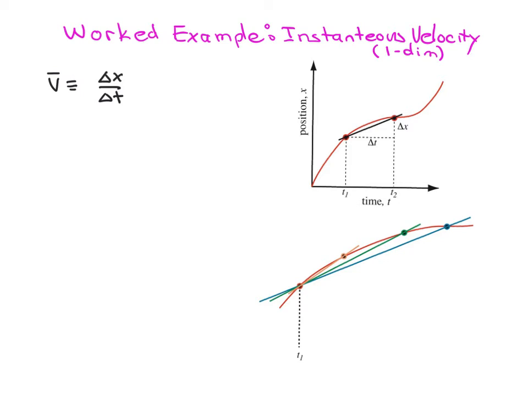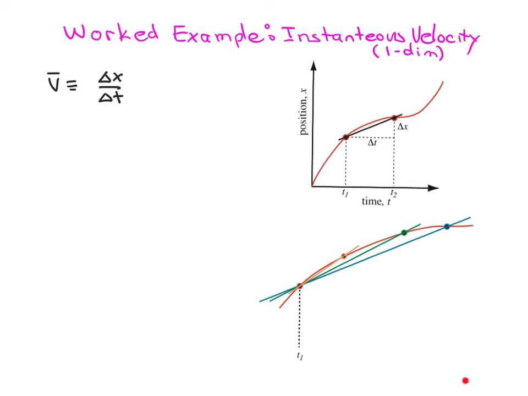For example, if you had an object with a position versus time graph that looked like this red curve here, and you wanted to talk about the average velocity during this time interval delta t that begins at time t1 and ends at time t2, this is how you would do it.